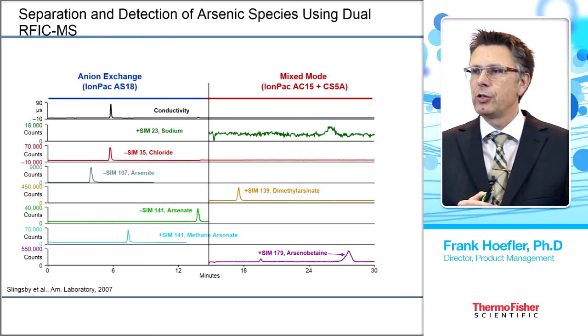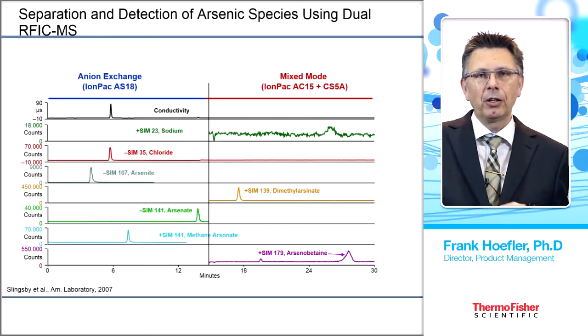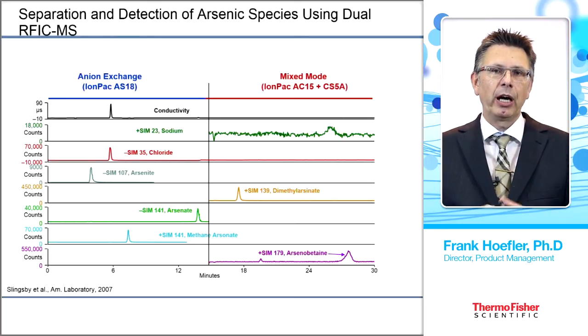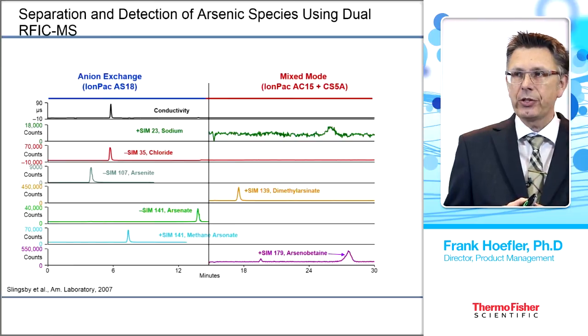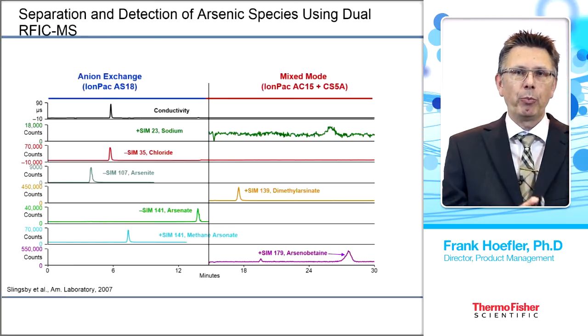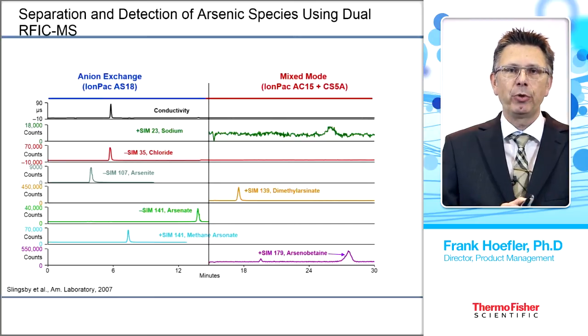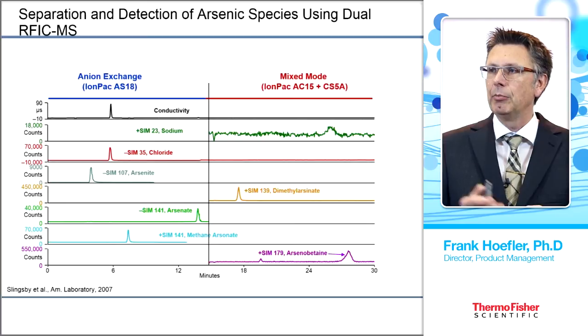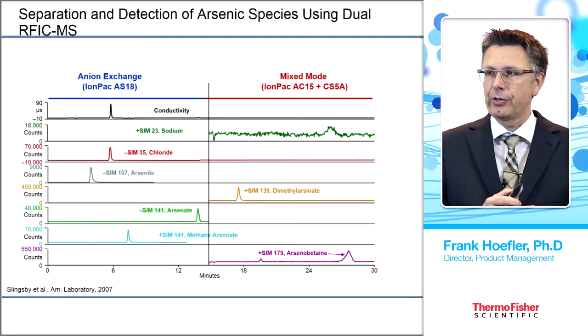And since arsenic can be anionic or cationic, we need to separate both of them and would like to detect them typically in one run. What have we used in this example? We have utilized a dual channel IC system, equipped one channel with an anion separator column and the second channel with a cation separator column, a mixed mode column in this case.